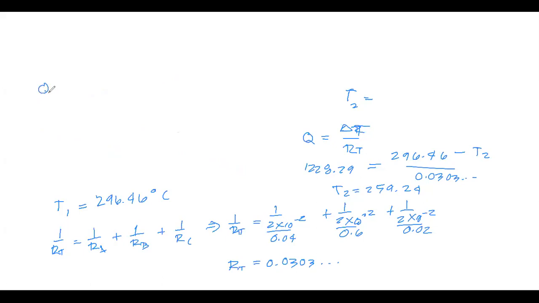So, Q is equals to delta T divided by R. So, we still have 1228.29. Currently, ito na yung temperature natin, 259.24 degrees Celsius. So, solve natin yung T3. Ito na yung nasa labas ng wall. So, ang thickness niya ay 3 centimeter.